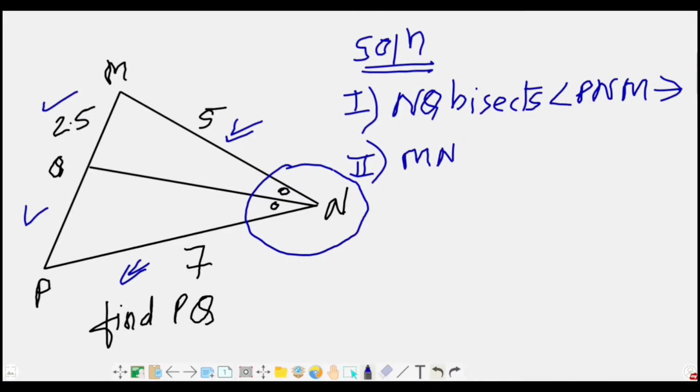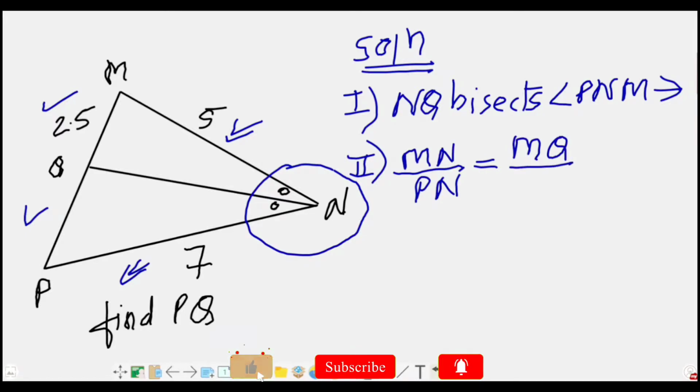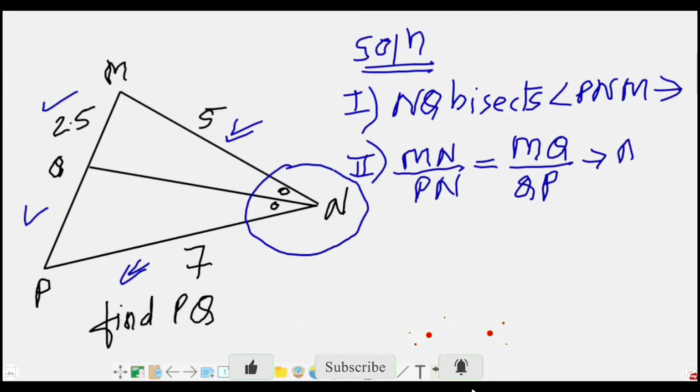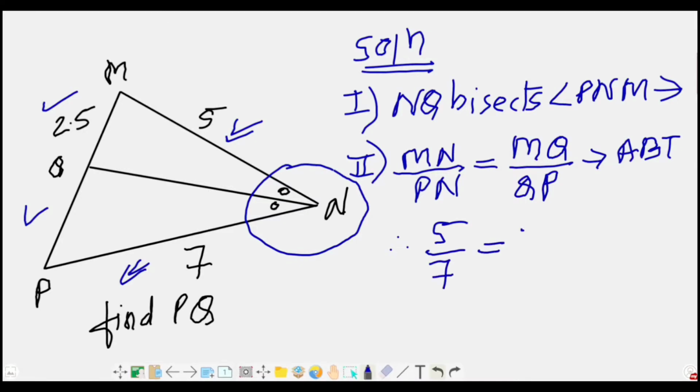So MN upon PN will be equal to MQ upon QP, according to your angle bisector theorem. I am writing in the short form; you have to write in full. Now your MN is 5, PN is 7, MQ is given 2.5.